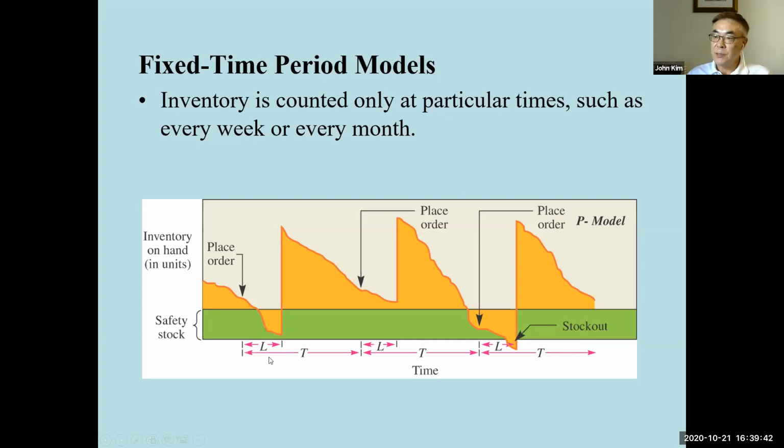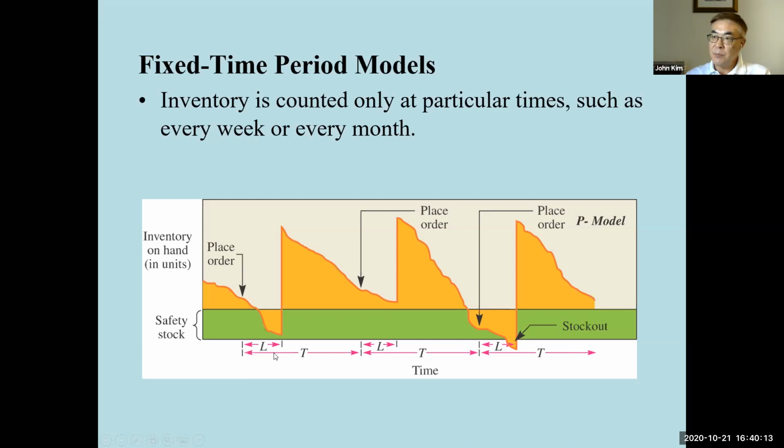But for this one, we fix the term or period, like every 10 days, every 15 days, every 30 days. When the time comes, just place an order. So this is a time-triggered model.